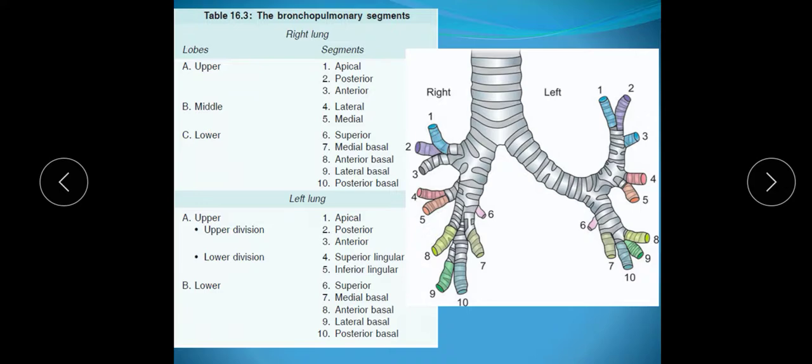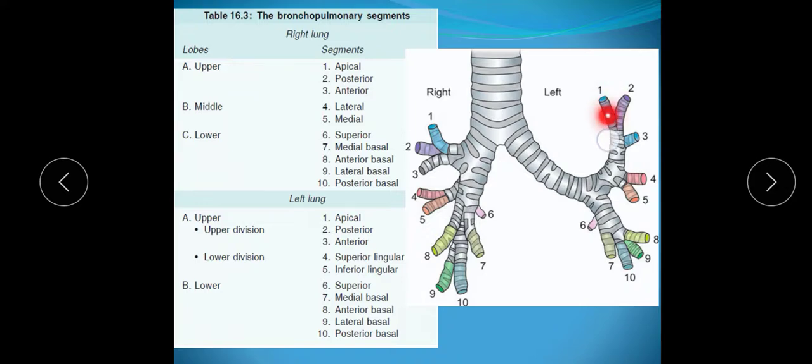Then in the left lung there are two lobes, the upper lobe and the lower lobe. The upper lobe has an upper division and a lower division. The upper division of the upper lobe of the left lung has three bronchopulmonary segments, as in the upper lobe of the right lung.